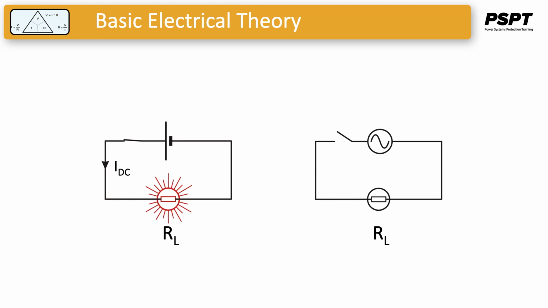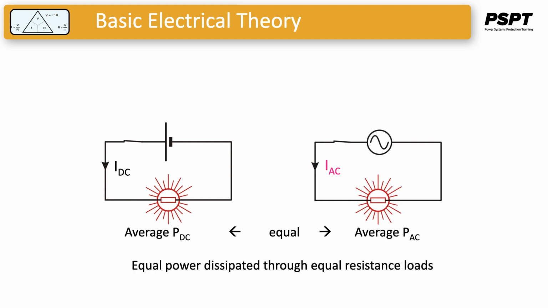When we close the switch on the DC circuit, the bulb will light with an intensity that is dependent on the resistance, R sub L, of the light and the DC current. Now, let's close the switch and adjust the AC current to the light bulb with the same intensity. That is to say, both loads, both lights, consume the same average power.